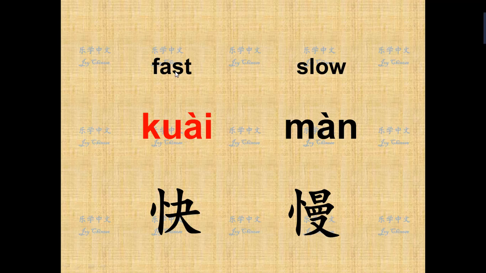Kuai means fast. We have learned a combination of mu and an with the fourth tone. Mu an, man. So these are two opposite words. Kuai, man means fast and slow.